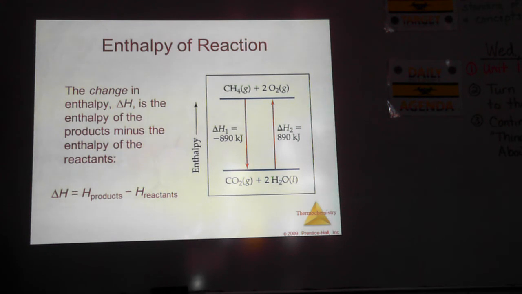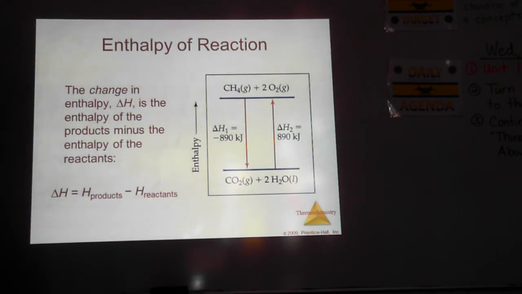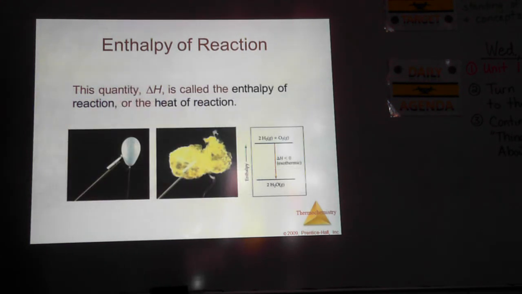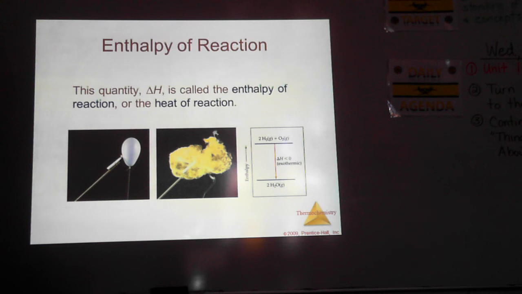And so you can see if you take the enthalpy of the products, the carbon dioxide and the water, and subtract that from the enthalpy of the reactants, that is how you can calculate the delta H. Notice here that you can see those two values, conservation of energy. The amount of energy lost by the reactants equals the amount of energy gained by the products. And so that delta H value is called the enthalpy of the reaction, or sometimes we will refer to it as the heat of the reaction.